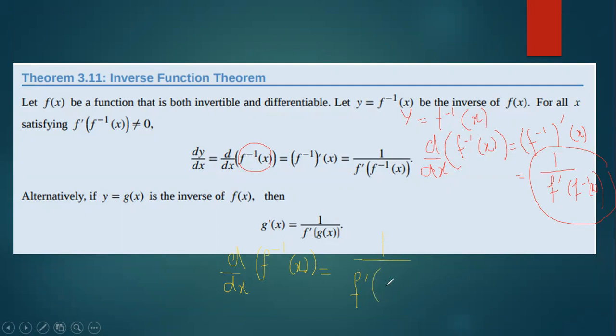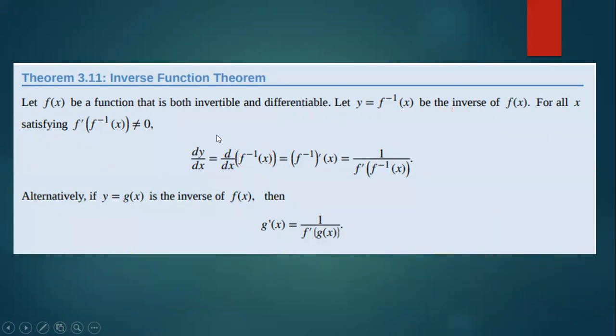Then there must be the simplest function, that is f inverse of x. Let us say that y equals g of x. So my derivative will be written as g derivative of x will be 1 upon the function derivative of the value g of x. So this is the way to write the derivative of the inverse function.